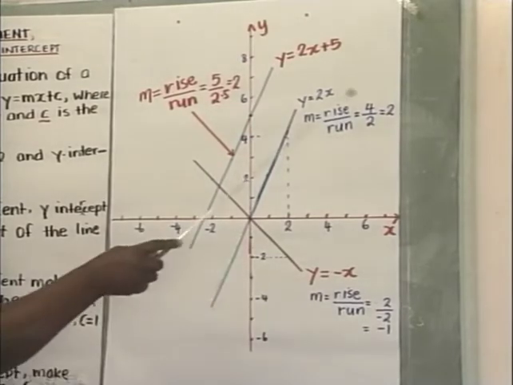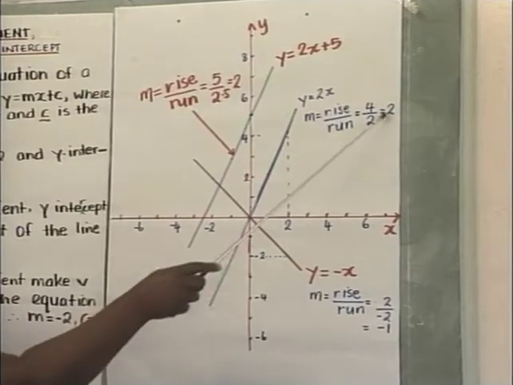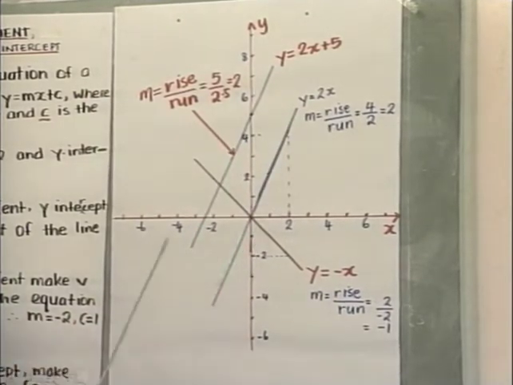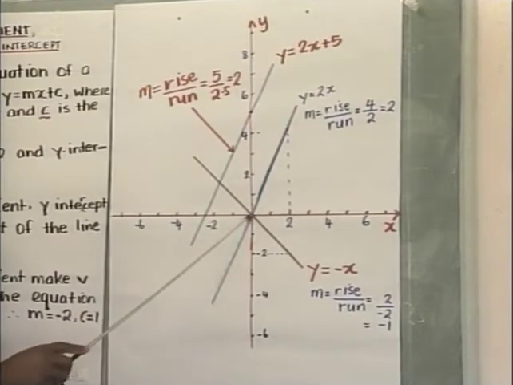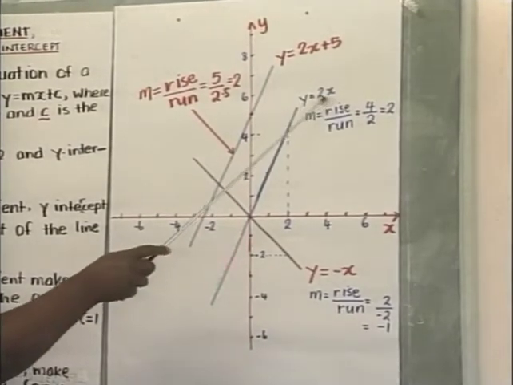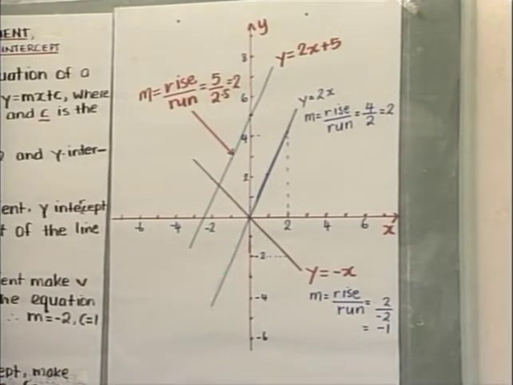So the rise is 4 and the run is 2. That's why the gradient is positive 2. You also note that it's sloping in this direction, so that's why the gradient is 2. And the y-intercept is 0. That's why the equation is y equals 2x. You don't need to write plus 0 because it doesn't exist. I mean, the y-intercept is 0, so it's y equals 2x.